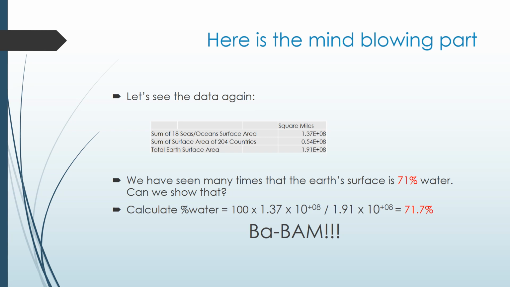Then I take 1.37, the surface area of water, divide by 1.91, the total surface area, and I get 71.7% water. So again, it's so clear that I don't see how you can deny it. The Earth is a sphere, clearly.